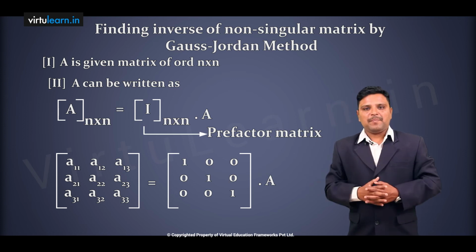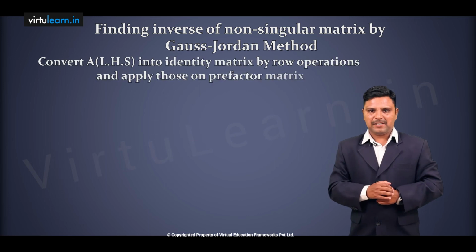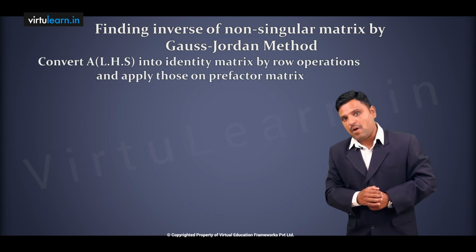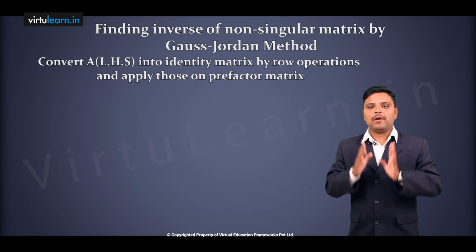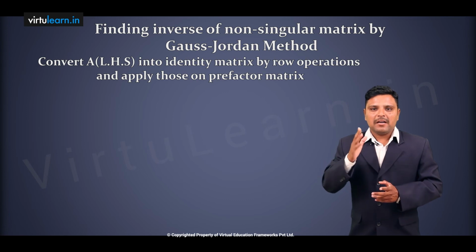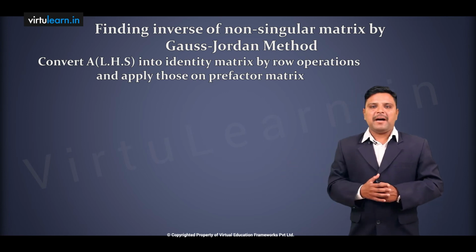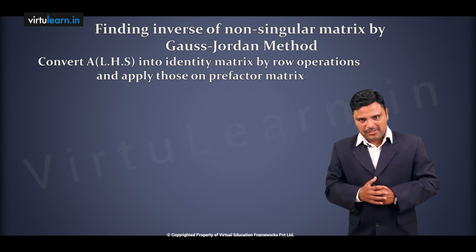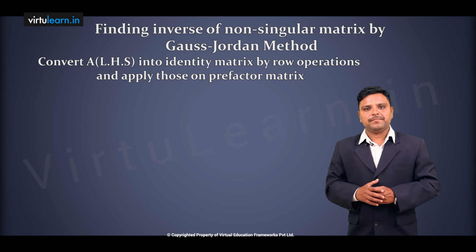Now convert that LHS matrix into identity form, into the identity matrix, by using only row operations. This is because this is the Gauss-Jordan method. Once again, convert the LHS matrix into the form of the identity matrix by using row operations only.